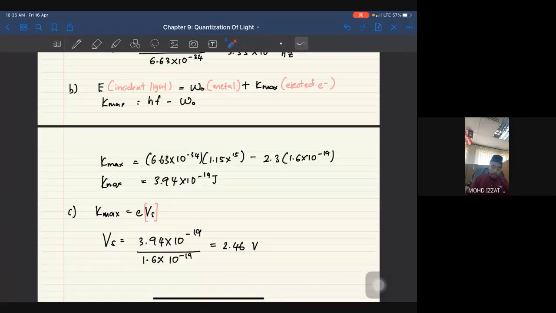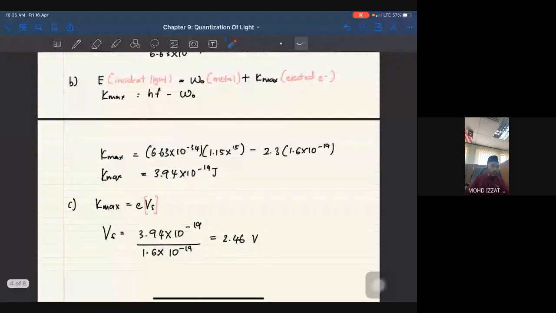Okay, so one of the problems is that when you calculate Kmax and you get it in eV, sometimes students get confused about how to substitute over here. You can substitute, but make sure you change to joules. So that is basically multiply with e, and then divided by e, you cancel out. So the final answer is the same. Okay, we got 2.46.